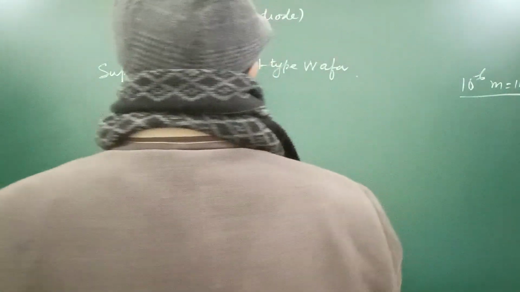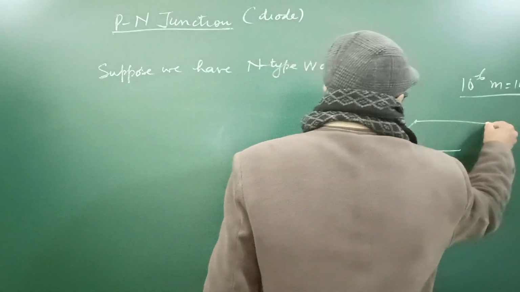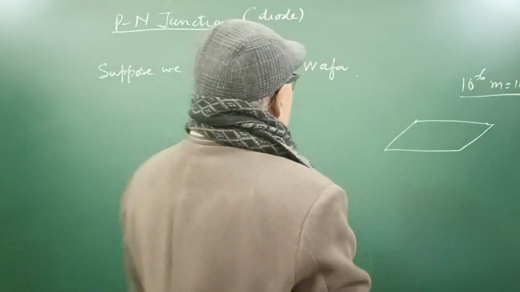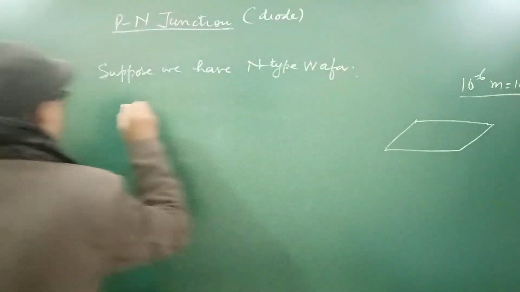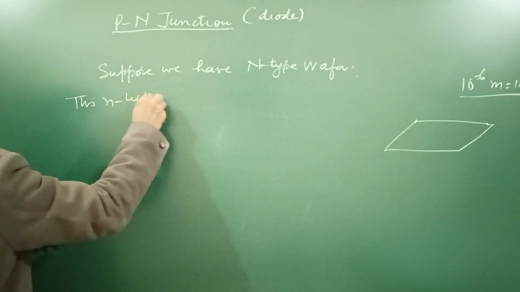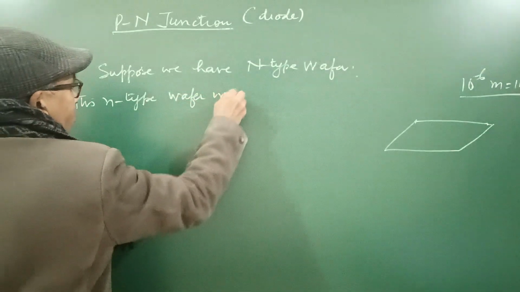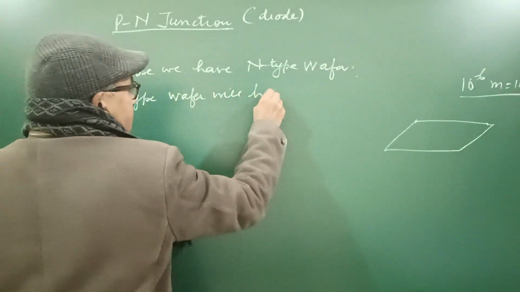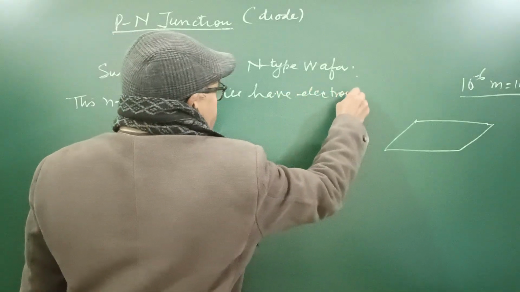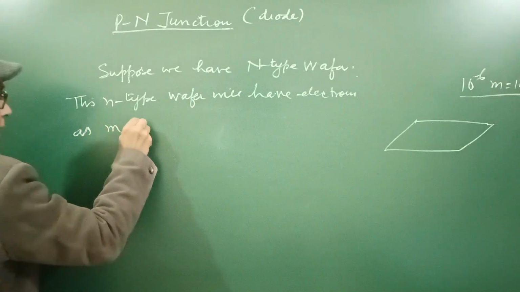So suppose we have an N-type wafer. Here is the N-type wafer. Now this N-type wafer will have electrons as majority charge carriers.